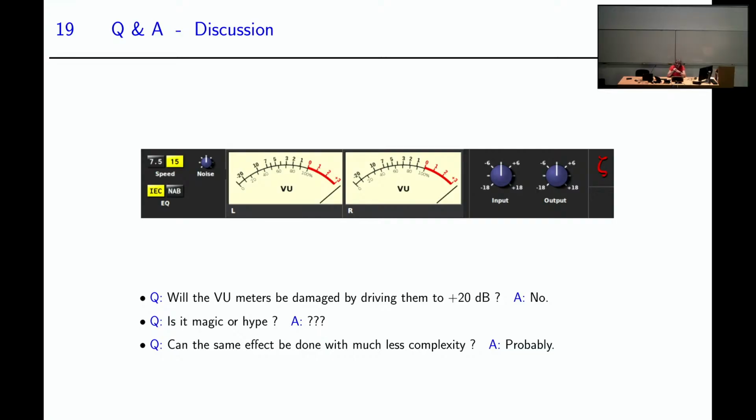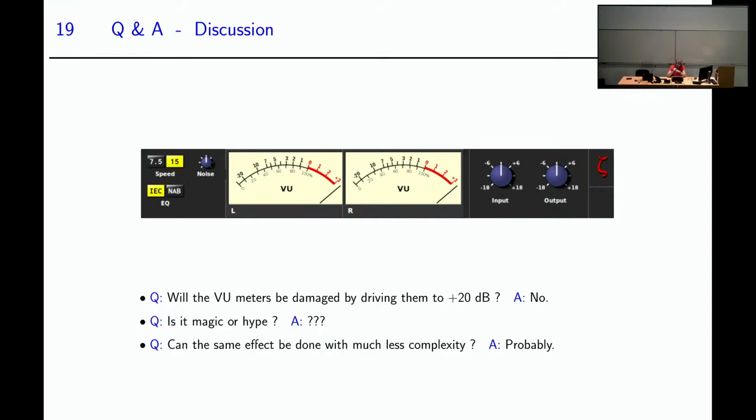What do you get in the end? It's some level of frequency-dependent compression and limiting. It doesn't have to match what a real tape recorder does to get the benefits, if there are any. The effect is there anyway.